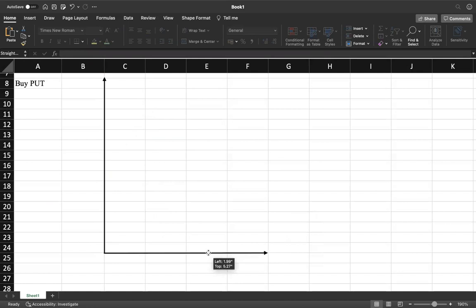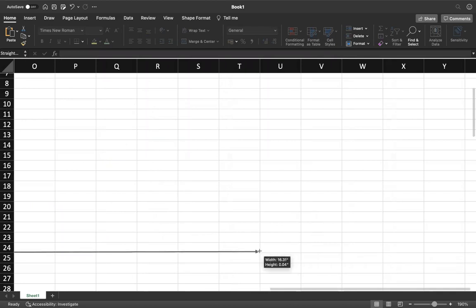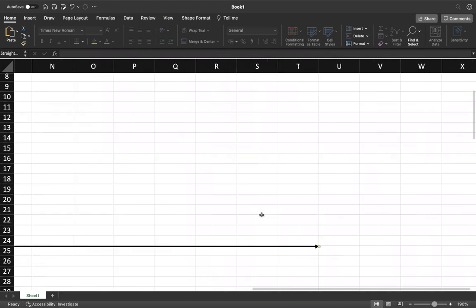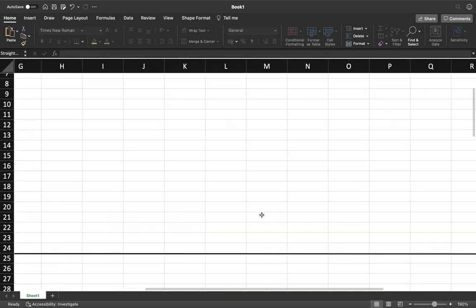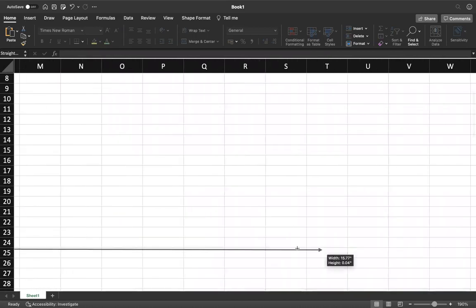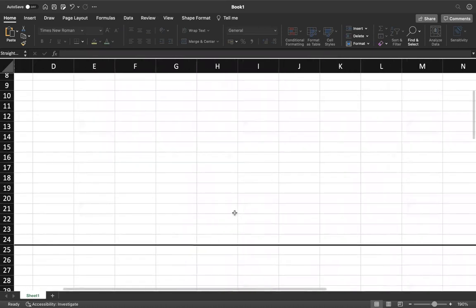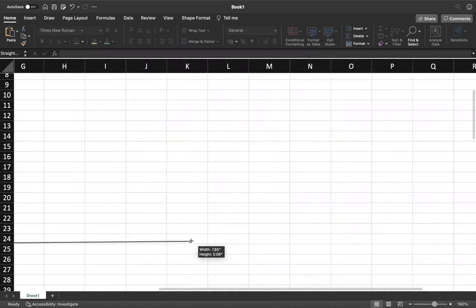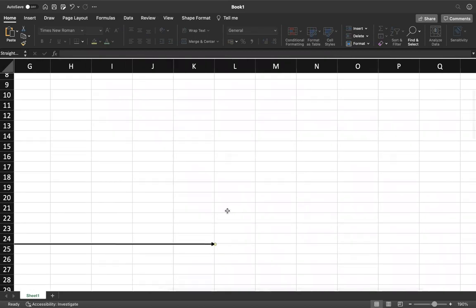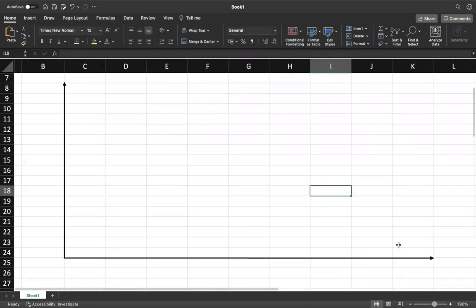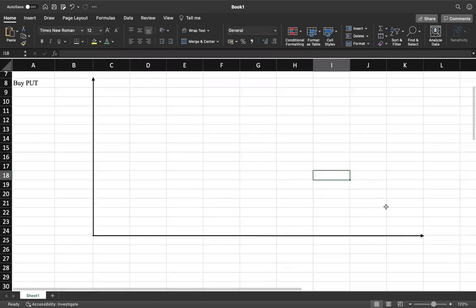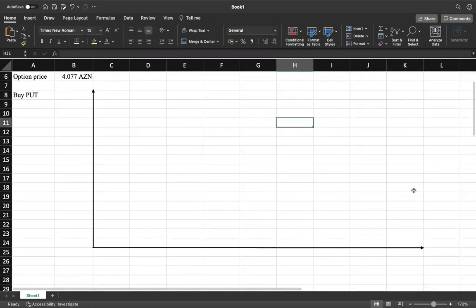And this is the stock price, share price axis. It's very long. Let me shorten it. So this line represents the stock prices and this line represents our profit.